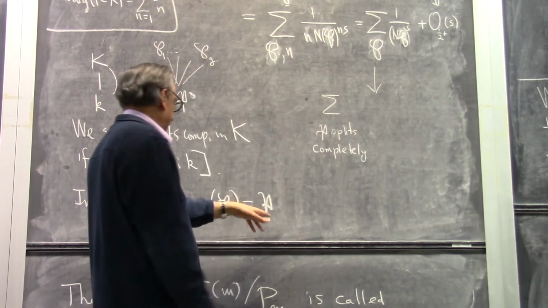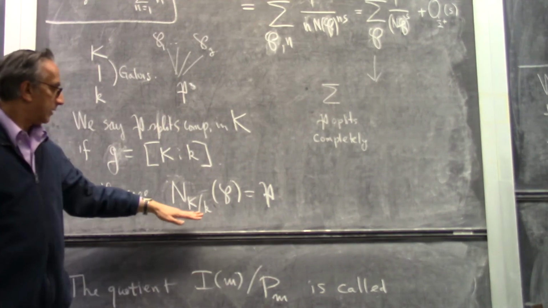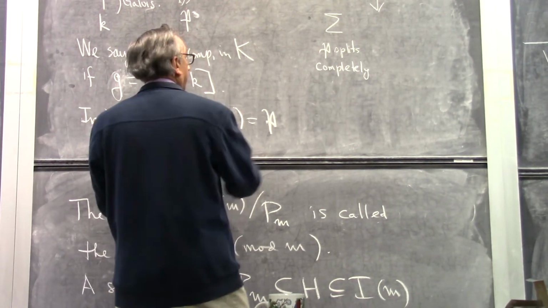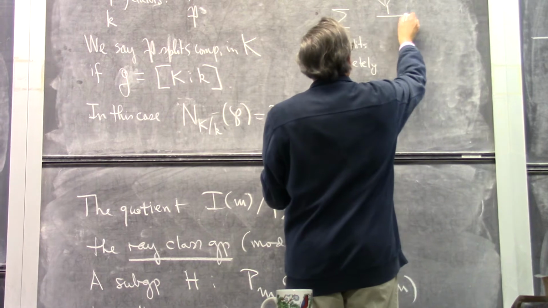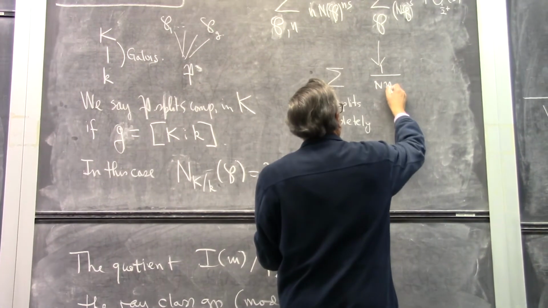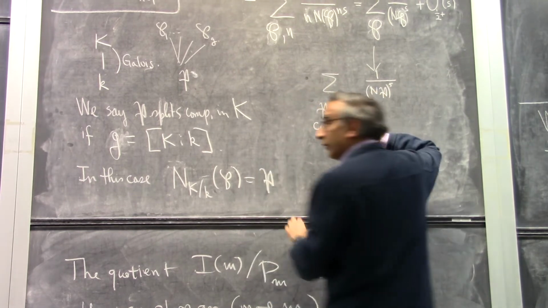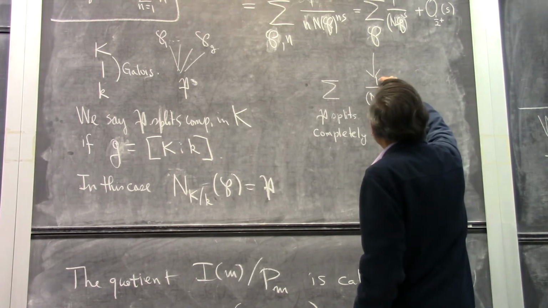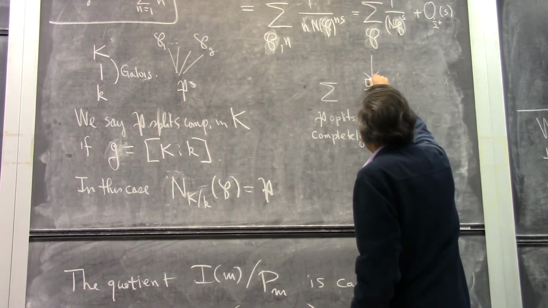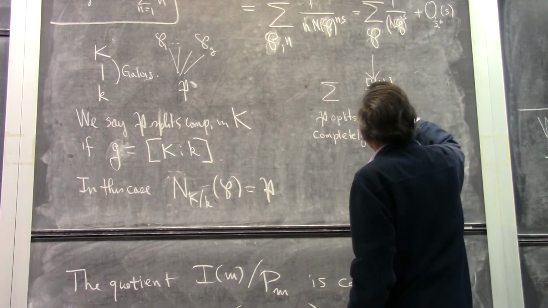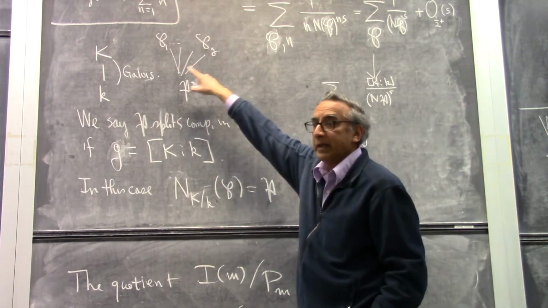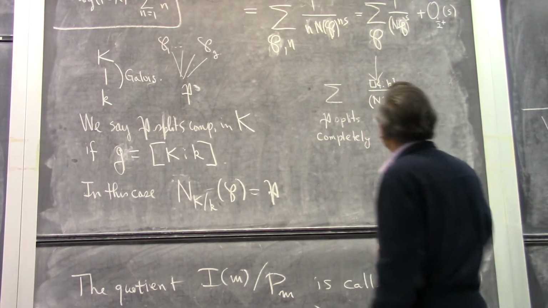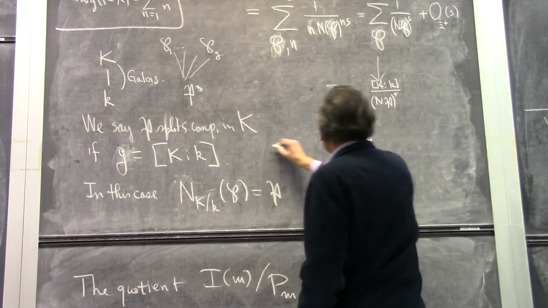So that's the same as the absolute norm of this, so this is actually 1 over the norm. It's the same thing. And every time we get one of those, for each, you get this as many times as the degree of the field. So you get the degree of K over k, and therefore you get this theorem.